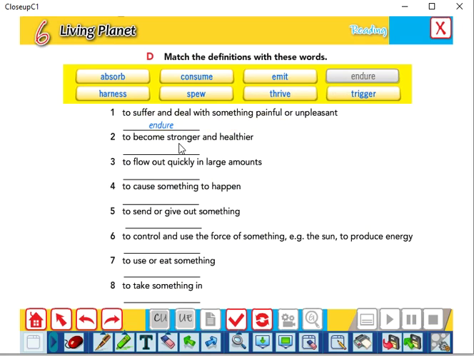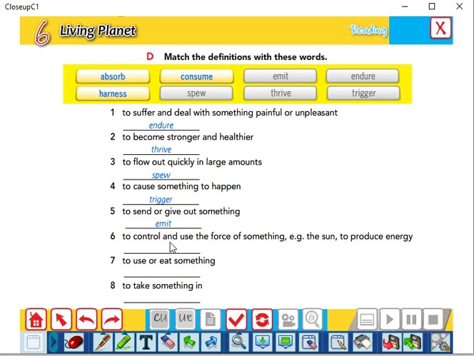To become stronger and healthier means thrive. To flow out quickly in large amounts means spew. To cause something to happen means trigger.